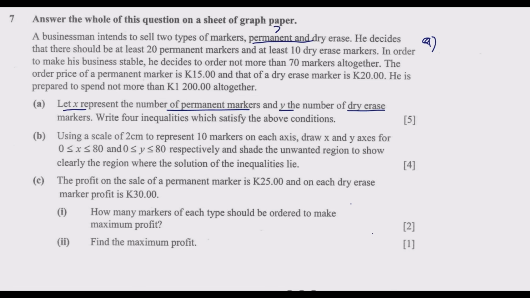So this is X, then this one is Y. Then he decides that there should be at least 20 permanent markers and at least 10 dry erase markers. So here we have 2 inequalities.